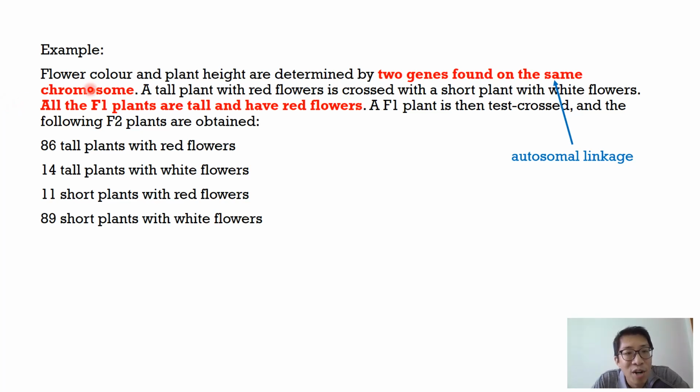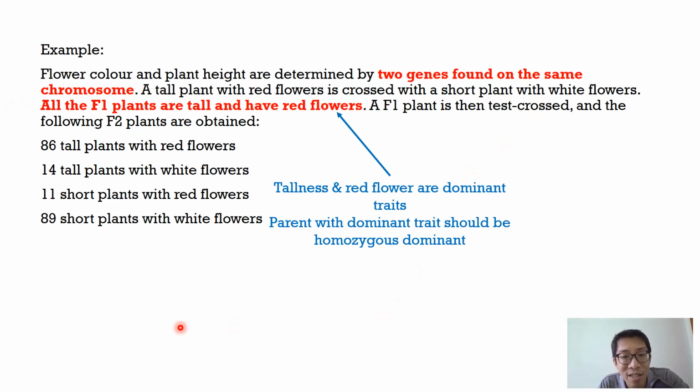So tall plants with red flowers crossed with short plants with white flowers. F1 are all tall and have red flowers. So this tells you that the tall and red are dominant traits, and the parent with dominant traits should be homozygous dominant, because all the F1 are tall and red.